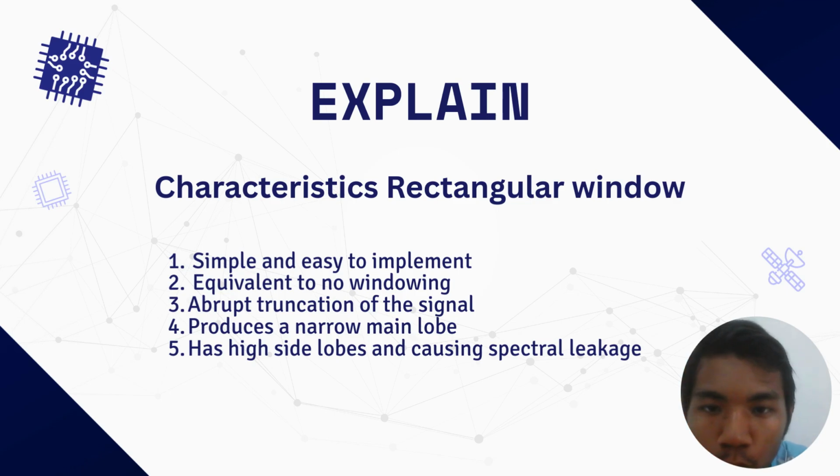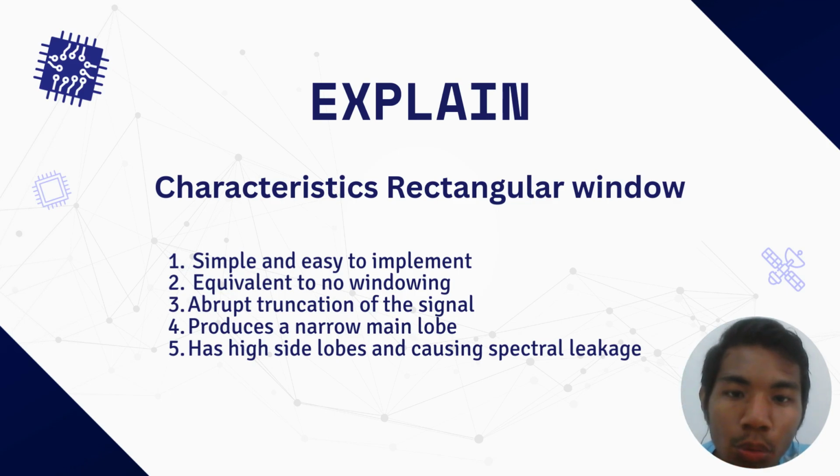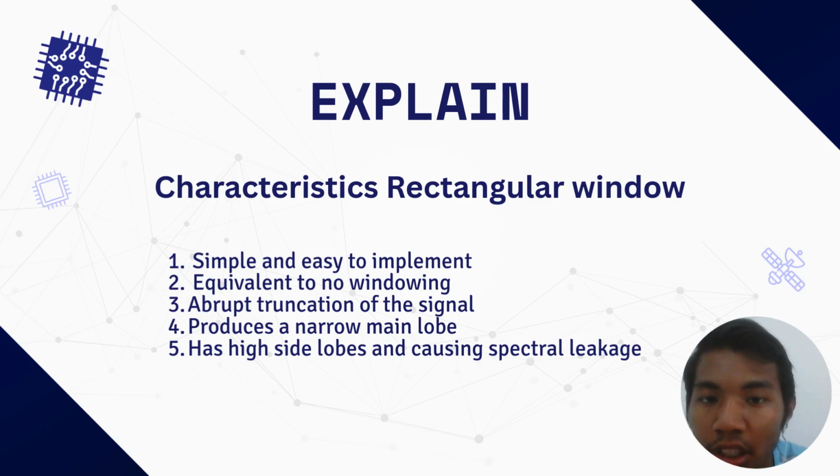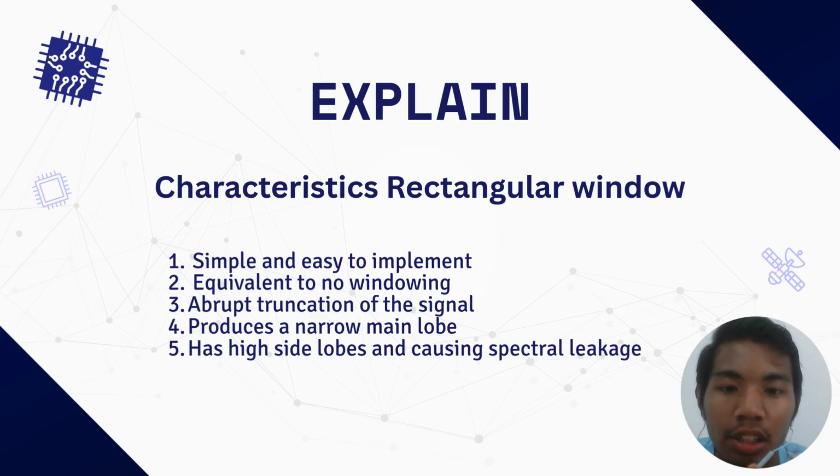Two, it is equivalent to no window. Number three, abrupt truncation of the signal. Four, it produces a narrow main lobe. And last but not least, it has high side lobes and causes spectral leakage.